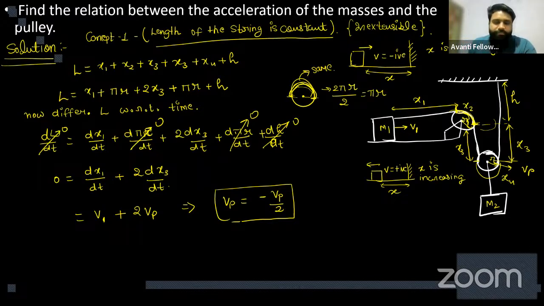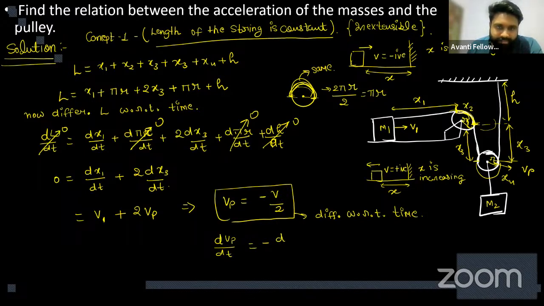Got it? If you again differentiate this term with respect to time, so it will be dvp by dt equals minus of, you see, it is not vp, it is v1.